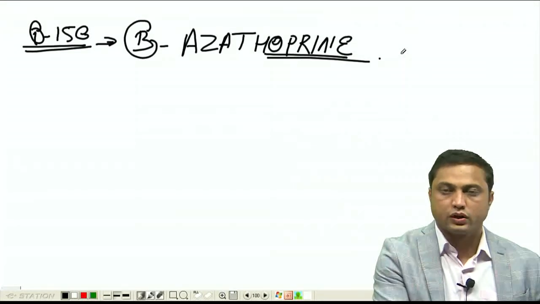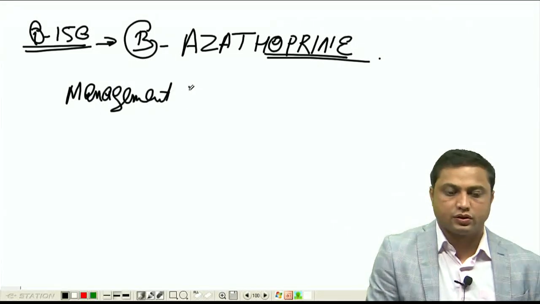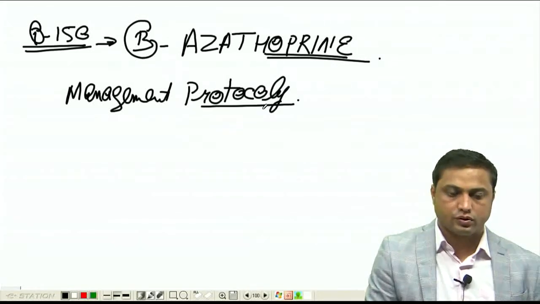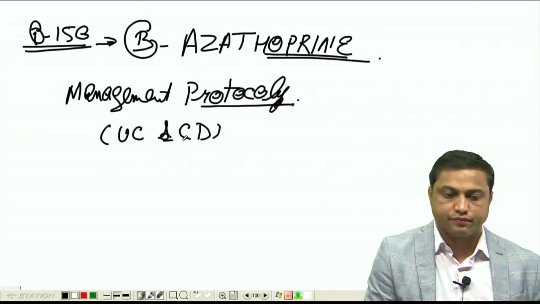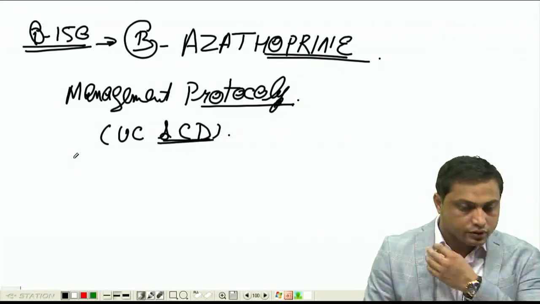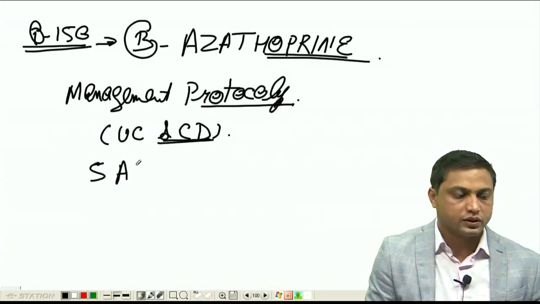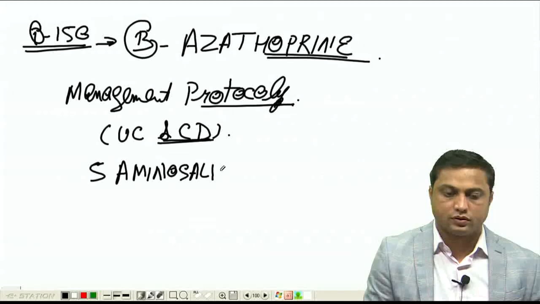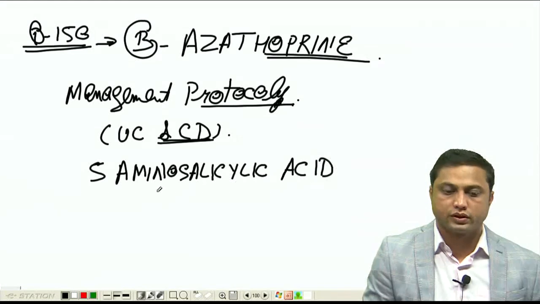So what is the management protocol? Let's discuss. Management protocol for both ulcerative colitis and Crohn's disease. First is 5-aminosalicylic acid. 5-aminosalicylic acid is used in both the cases.